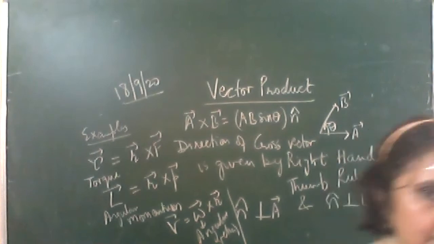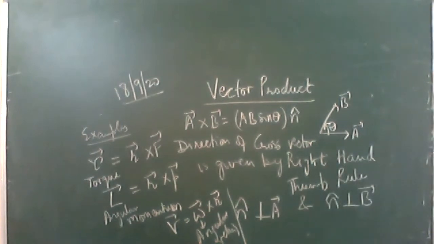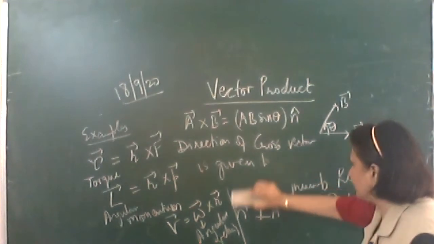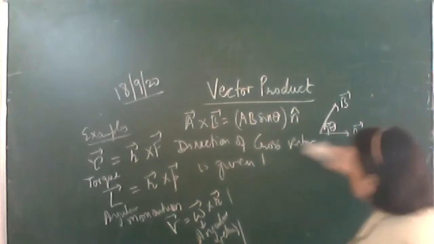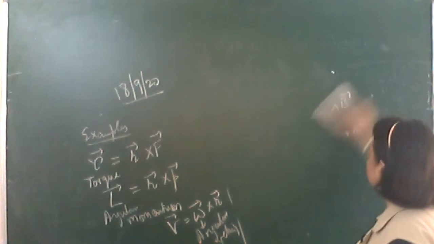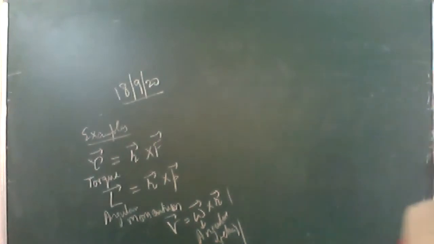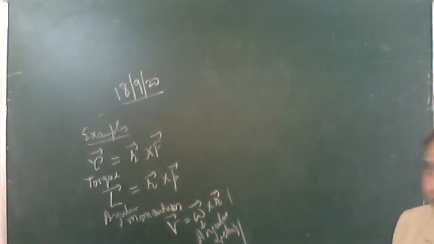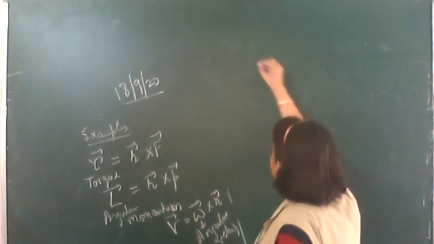Okay, now we come to the properties of vector product. As we have studied for scalar product A dot B, the same way here we'll study a few properties of vector product. Write down properties of vector product. What was the first property in scalar product? It is commutative, but here it is not so.